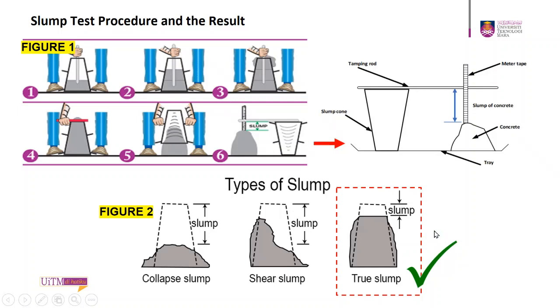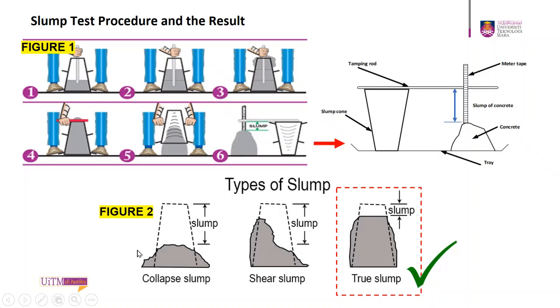In a true slump, the concrete simply subsides, keeping more or less to shape. Secondly, the shear slump. In a shear slump, the top portion of the concrete shears off and slips sideways. The shear slump indicates that the result is incomplete and the concrete is to be retested.